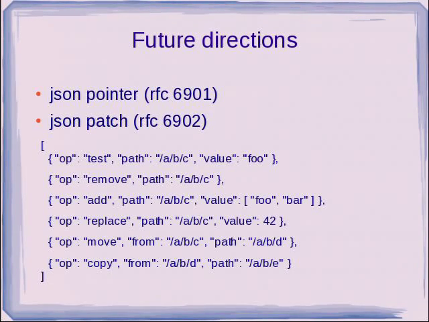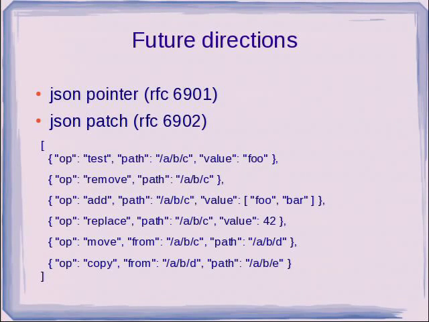Here's an example here. These path and from values are paths in this JSON Pointer format, which is fairly similar to the sort of thing that you see in XPath and other similar languages. And then there's JSON Patch.